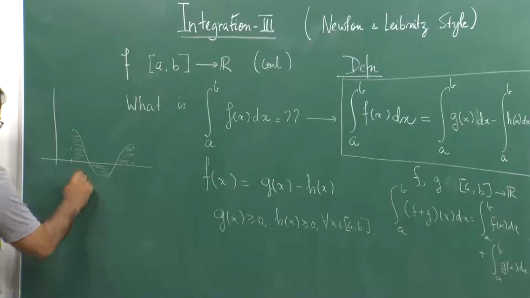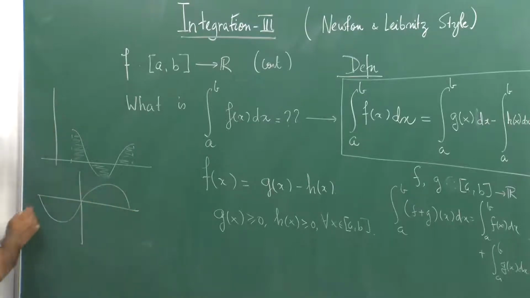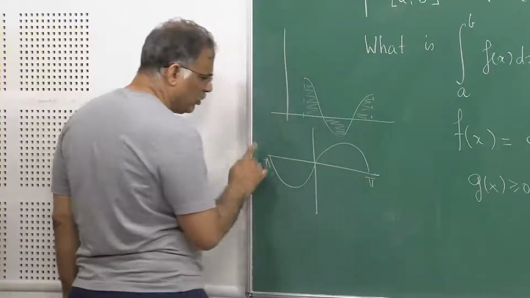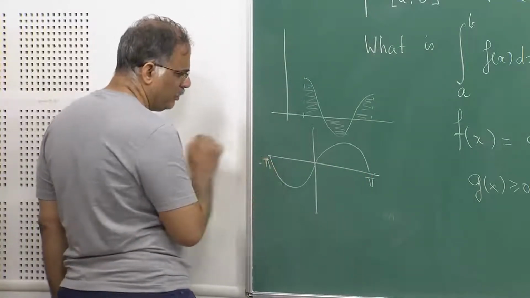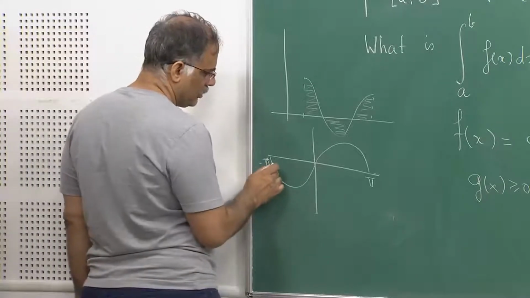For example, I'll tell you why. I'll write this equation, minus pi to pi. So if I am integrating from minus pi to pi, and I want to move in a counterclockwise direction, I should move like this.